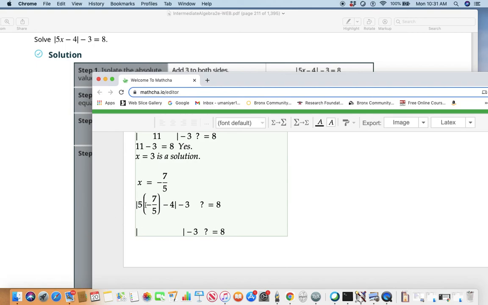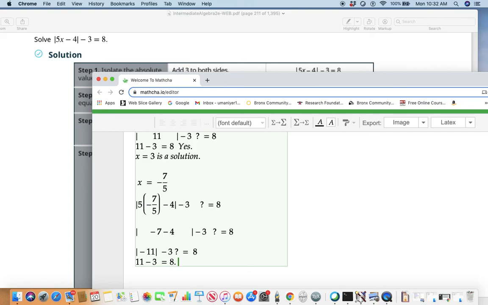So 5 times negative 7 over 5: the 5 reduces, leaving negative 7 minus 4 inside. Negative 7 minus 4 is negative 11. The absolute value of negative 11, minus 3. Is it equal to 8? The absolute value of negative 11 is positive 11, minus 3. It is indeed equal to 8.